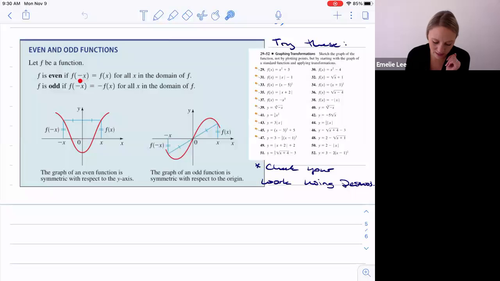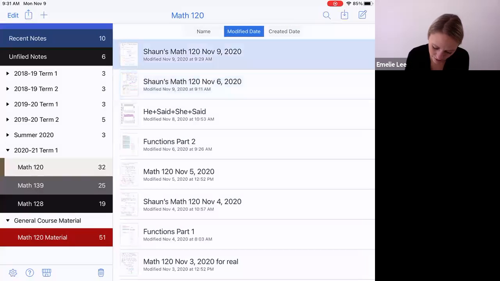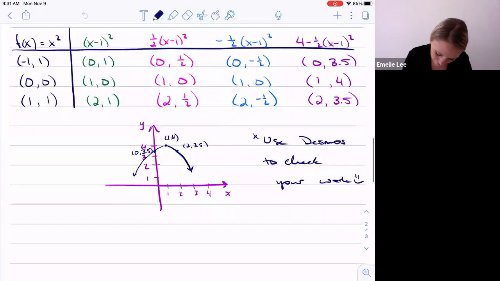So like I said here, for even functions, you take the negative x, so you have some function and you take the negative x value and you can manipulate it. And if you can end back up at f of x, then it's even. Same thing, so you start the same way, but if you end up at negative f of x, you have an odd function. Okay.